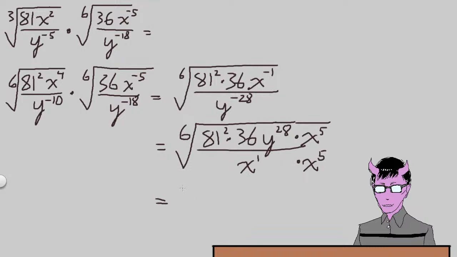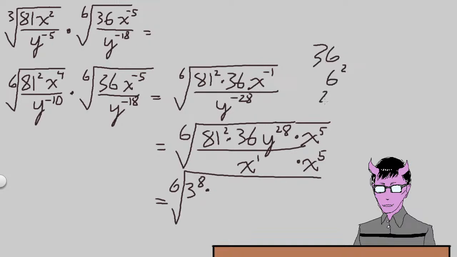I'm going to start messing around with those ones as well. So 81 is base 3 to the power of 4. 4 times 2 is 8. This one right here consists of 3 and 4s, so let me write it down. 36 is 6 to the power of 2, it's 2 to the power of 2 times 3 to the power of 2.